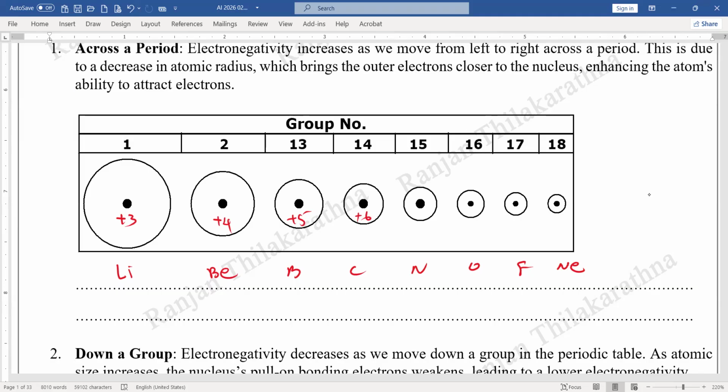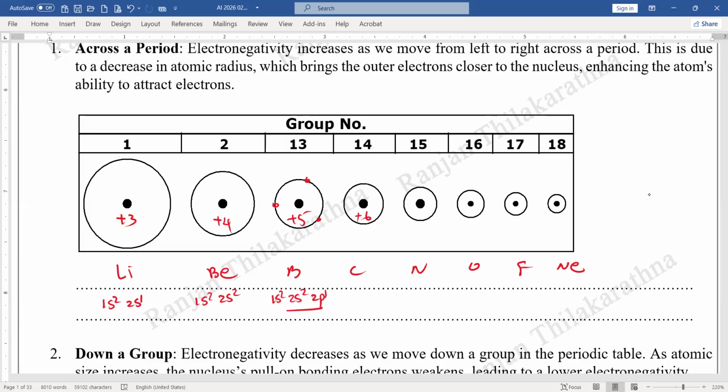Then the number of electrons on the outermost shell will be like this. Now you know how to write the electron configuration. This will be written as 1s2 2s1. Here 1s2 2s2. Here 1s2 2s2 2p1. That means there are 3 electrons on the outermost shell and 5 charges here.